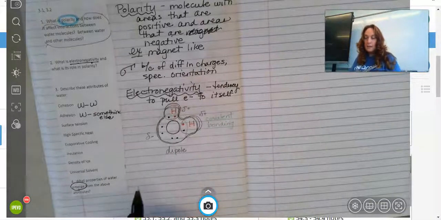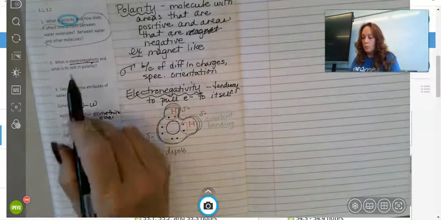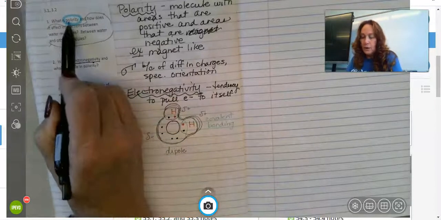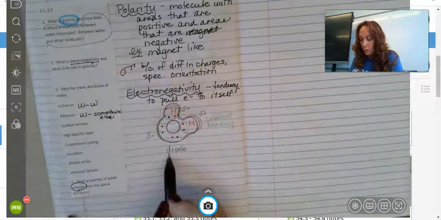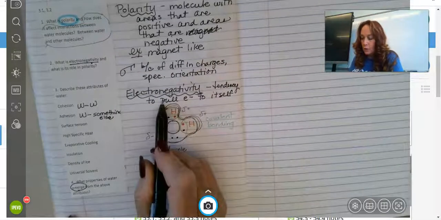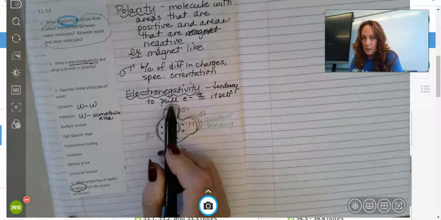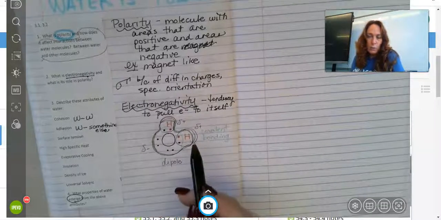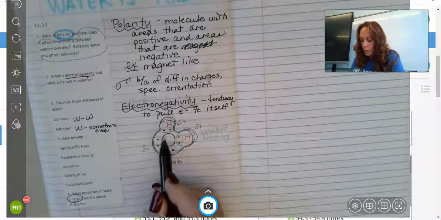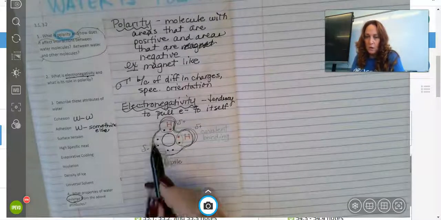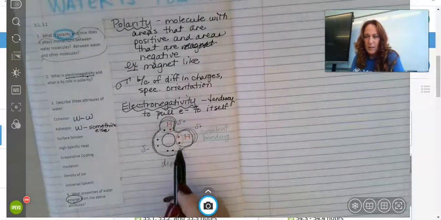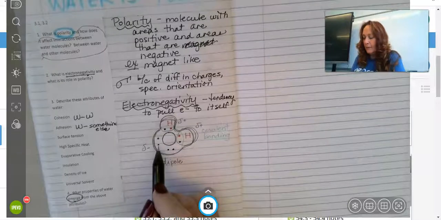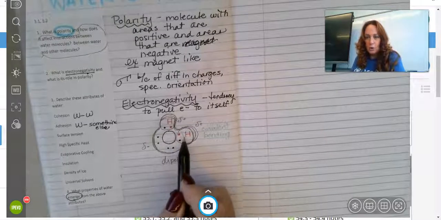So that's the actual way that polarity, this dipole, is created, through electronegativity. So if you didn't have oxygen here, then water wouldn't have that pull of electrons toward the oxygen, because if it was something else, then you wouldn't have this difference in charge across the molecule.